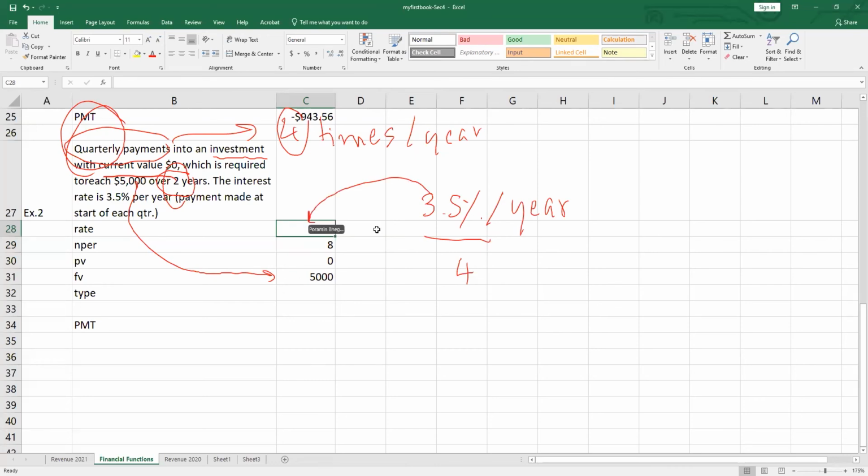So in this one it is 3.5% divided by 4. This one is the interest rate per quarter.